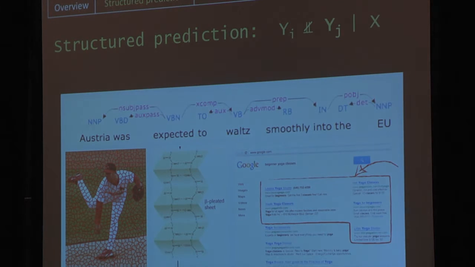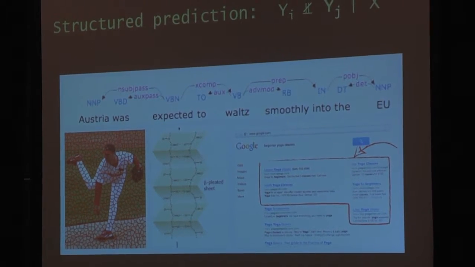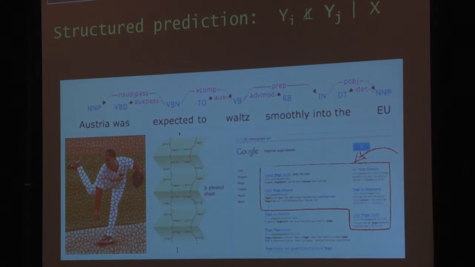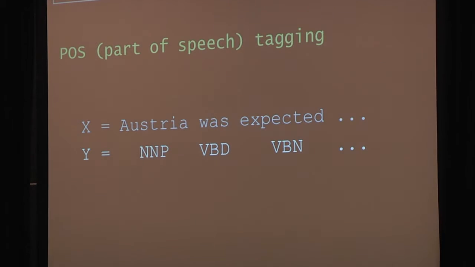Other structured prediction problems include object recognition, predicting the secondary structure in proteins, and selecting which ads to show users so that they are more likely to click. For the purpose of this talk, I'll be talking about part-of-speech induction or tagging. Here, the input is a sequence of words, and the output is a sequence of syntactic categories.